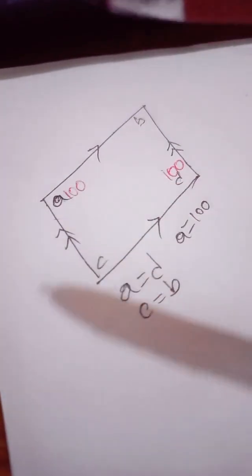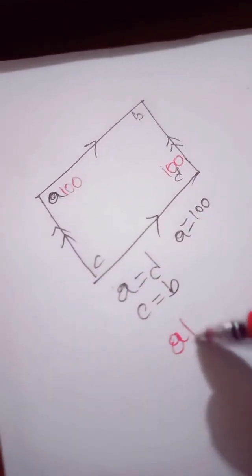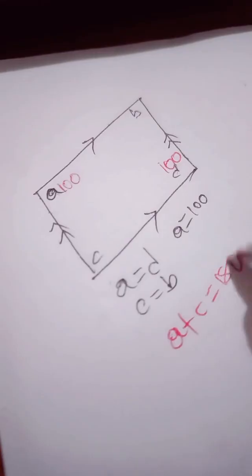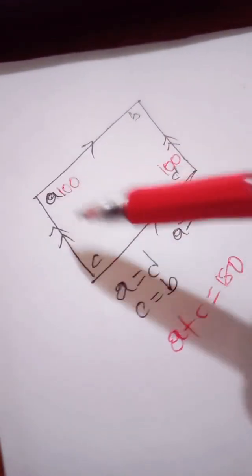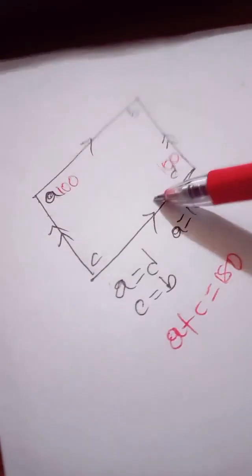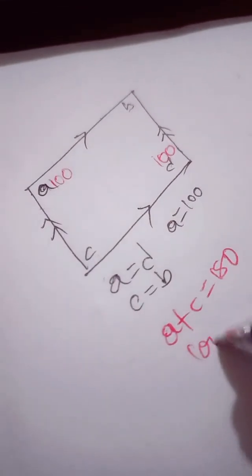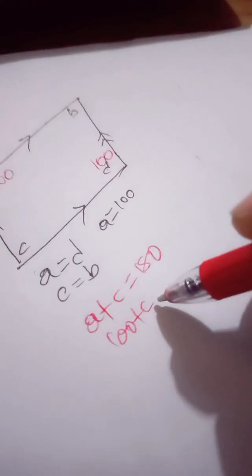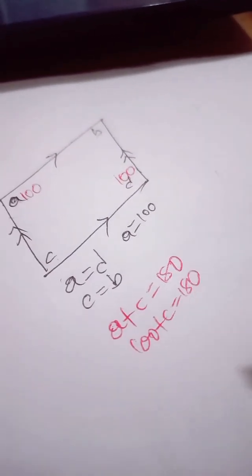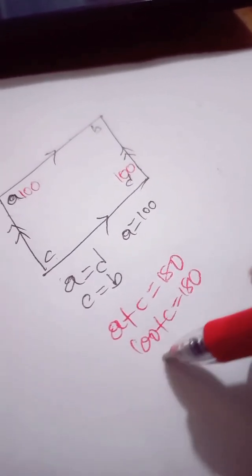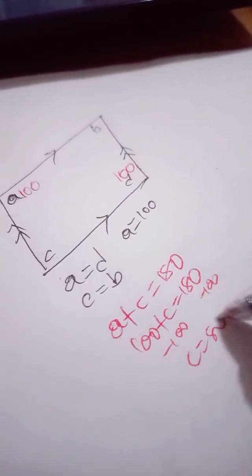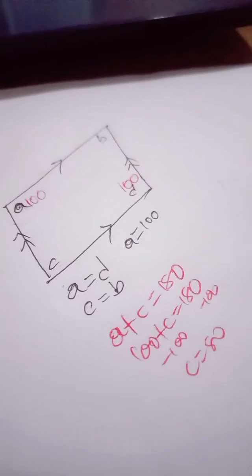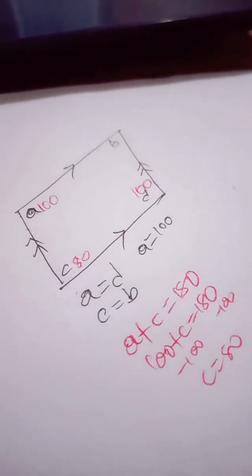So A plus C must give us 180. So here you are going to say 100 plus C is equal to 180. Subtract 100 both sides, C is equal to 80.